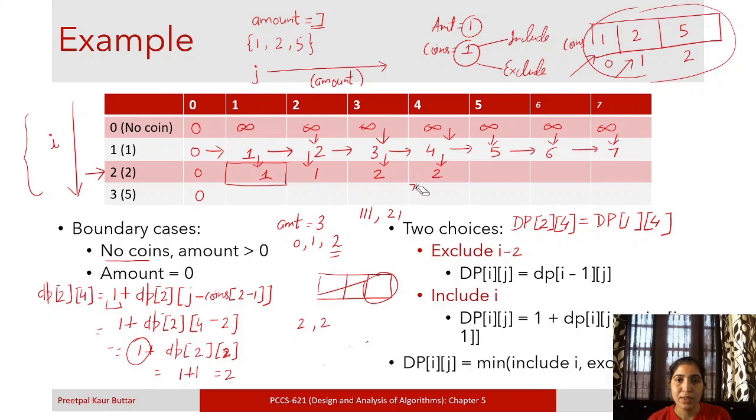Similarly for 5 rupees, you can exclude 2, in that case you will need 5 coins, or you can include 2.